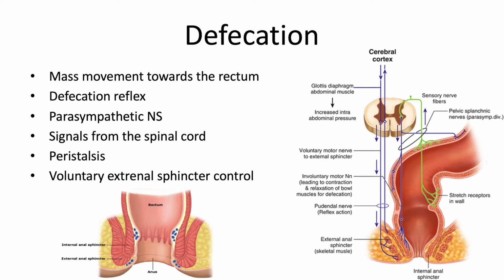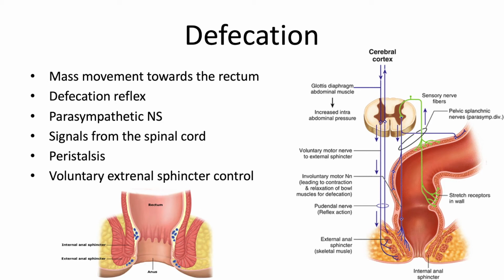So, the process of defecation. There is a mass movement of feces towards the rectum, which provokes the defecation reflex of feces elimination. This distension reflex is mediated by the parasympathetic nervous system by signals from the spinal cord. Neural signals lead to sigmoid colon and rectal contraction, which involuntarily relaxes the internal and external sphincter.